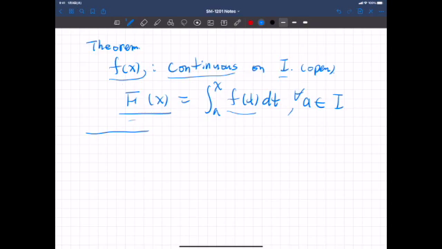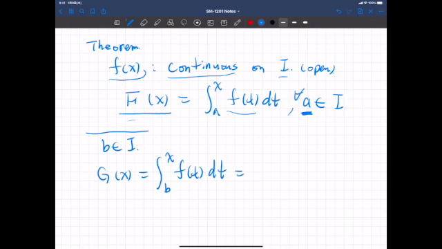And in this theorem, we could have chosen any other constant in place of a. For example, if we choose b from this interval, we could define another antiderivative defined by this integral from b to x.